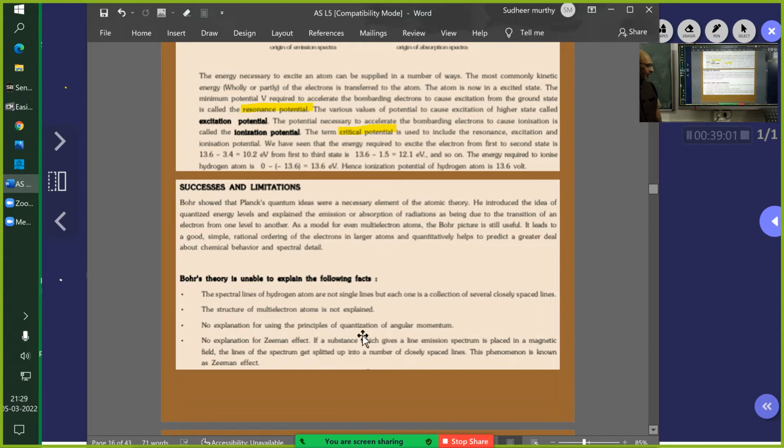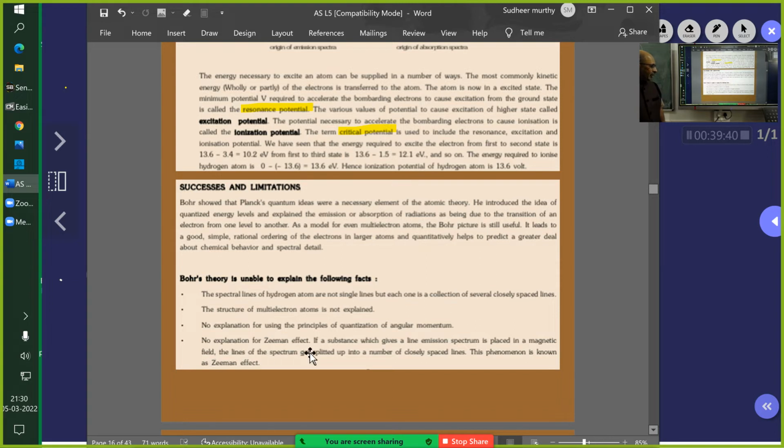I think Mr. Ligade asked: I explained the first postulate, that the centripetal force was related to the electrostatic force, and the second postulate is that the angular momentum will be equal to nh by 2 pi. Sir, how did he confirm that angular momentum is equal to nh by 2 pi? That is one of the limitations: no explanation for the principle of quantization of angular momentum.